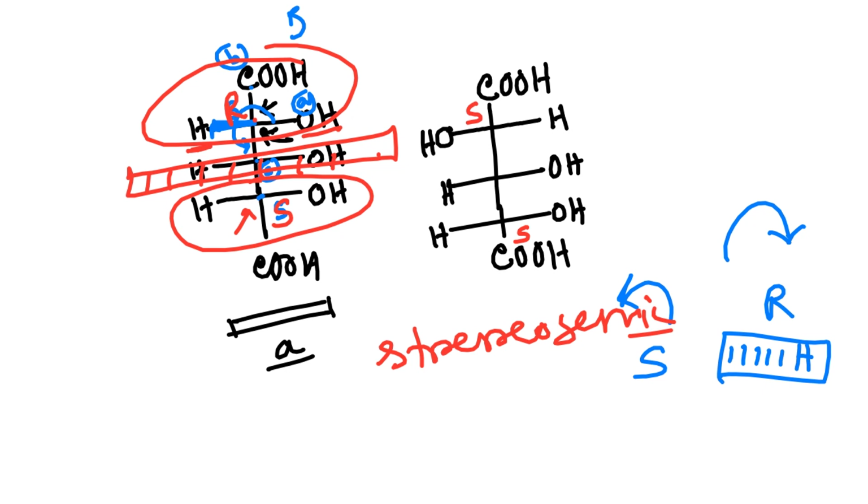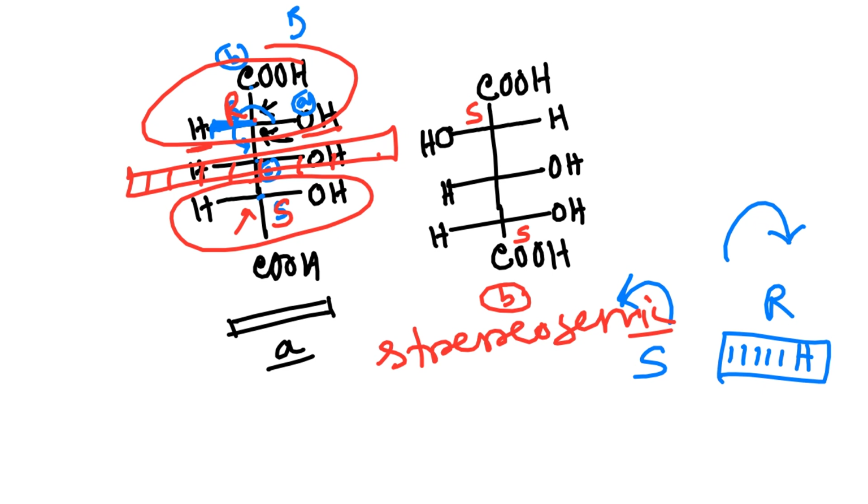A molecule can be stereogenic and at the same time may not be chiral, and this molecule is an example of that. We have seen that this is stereogenic, but now tell me whether the molecule is chiral or not. What do you think? Molecules A and B, are they chiral or not? Molecule A is achiral because there is a sigma plane.